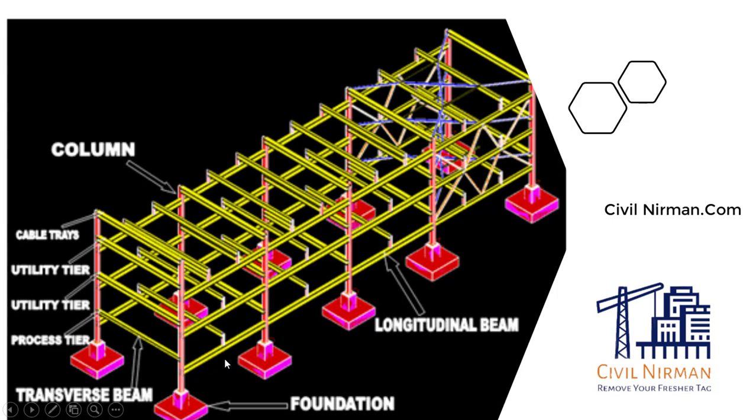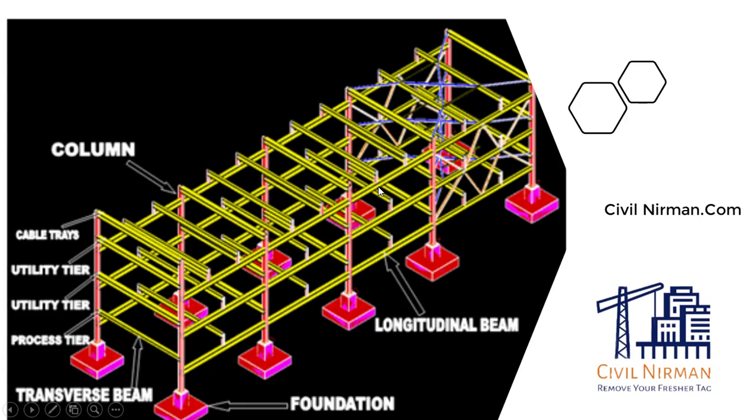These are mostly shear connected to the column. In this particular picture, the first tier consists of a process tier. Above that, two tiers consist of utility lines, and on top, the cable trays, including electrical and instrument trays, will be placed. In red color, you can see columns, and in blue, those are the plan bracings.